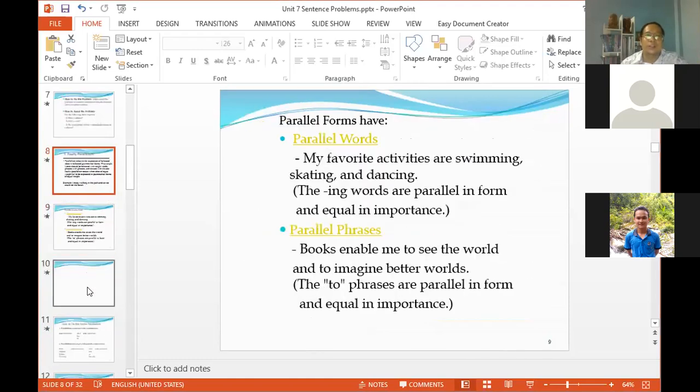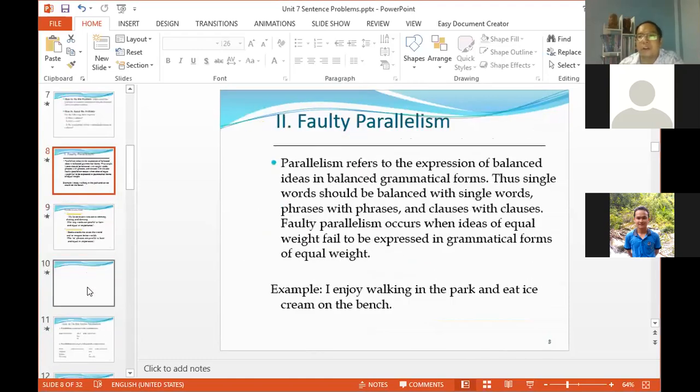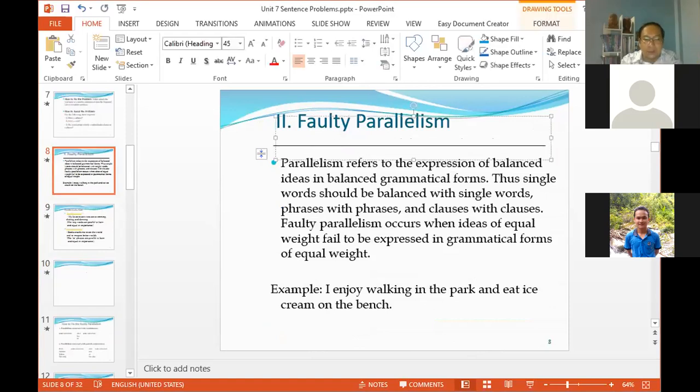We call it faulty parallelism. So what do we mean by faulty? Faulty means wrong. And what do we mean by parallelism?